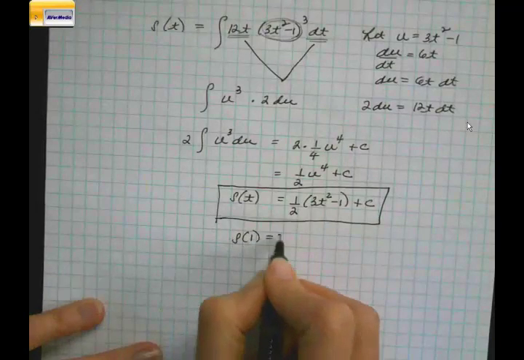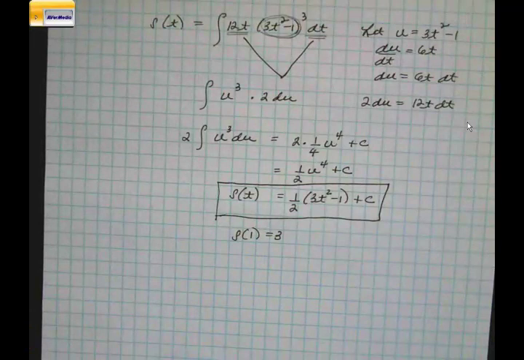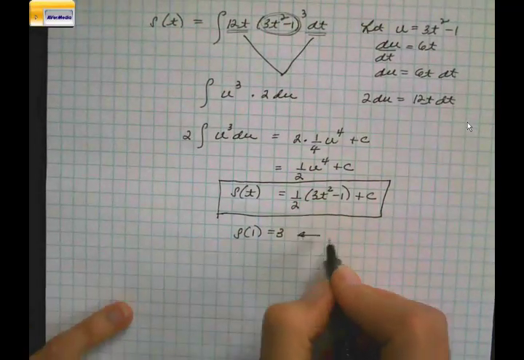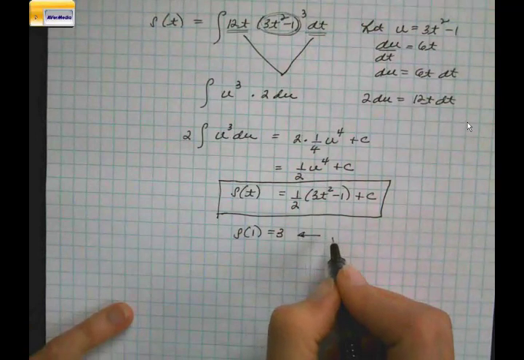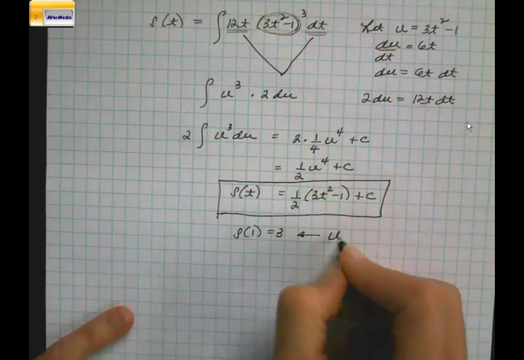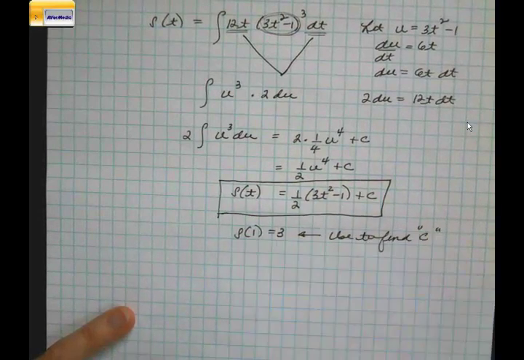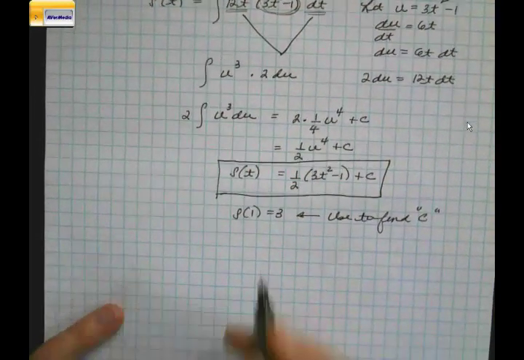They said that s of 1 equaled 3. Why do they want to tell me that? Use it to find c. Use it to find the arbitrary constant.